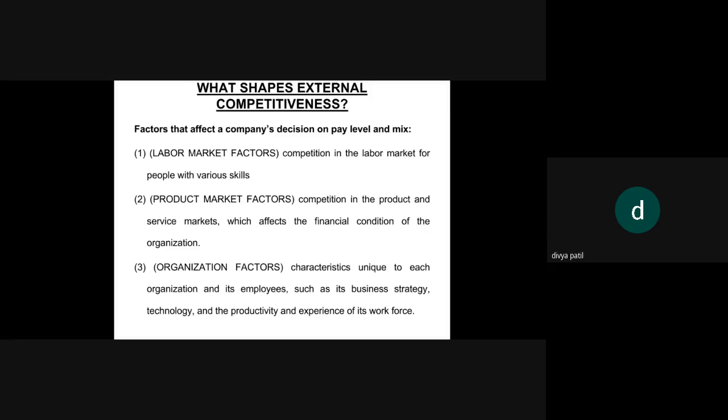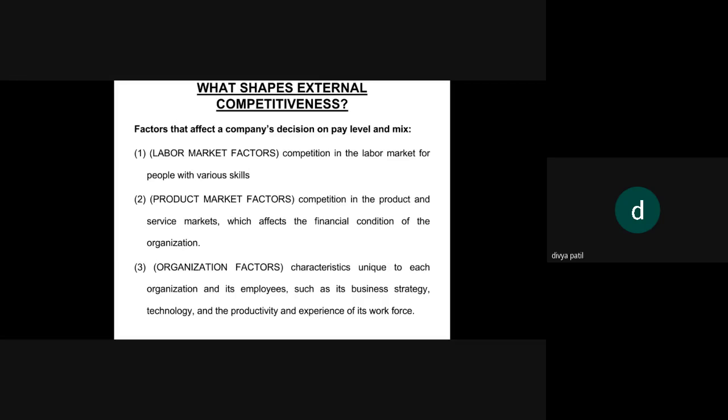The technology defines the organization's capability, what type of technology they are going to use, and also the productivity and the experience of its own workforce. Remember, the group of employees working for an organization, how productive they are, and also the experience they possess while performing the job in operations. Fine.